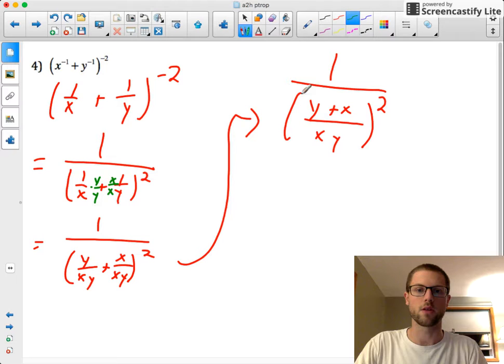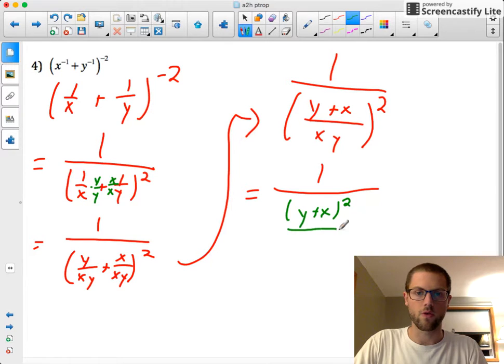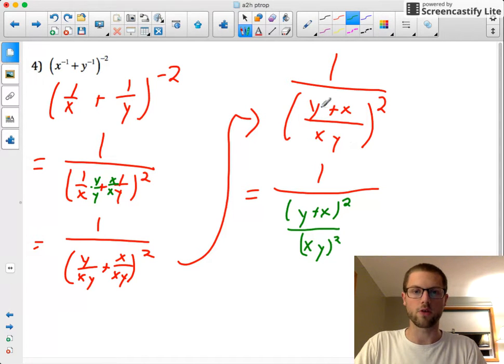So let me show you what I mean. I'm going to keep the 1 over here. And now I'm going to say that's y plus x squared over xy squared. That's the same thing. So this is that quotient rule. The whole quantity, or the quotient squared, is the same thing as the numerator squared divided by the denominator squared.